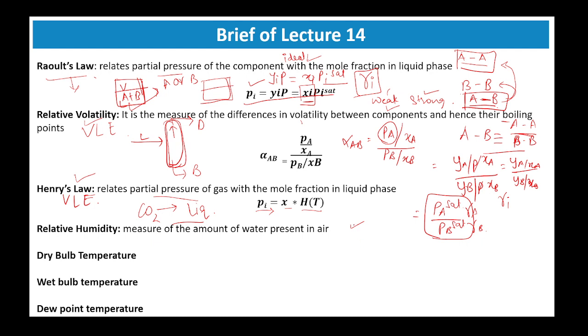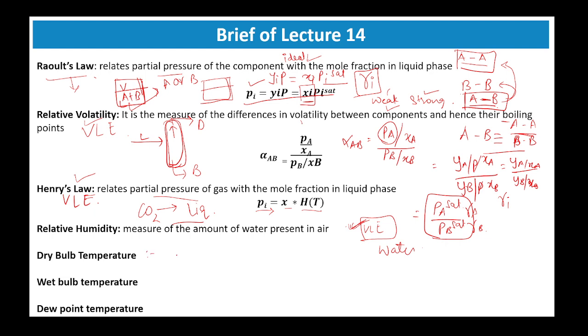So it is a measure of the amount of water present in air. There are some terminologies related to humidity, which is also a kind of vapor liquid equilibrium, where water in air is in equilibrium.